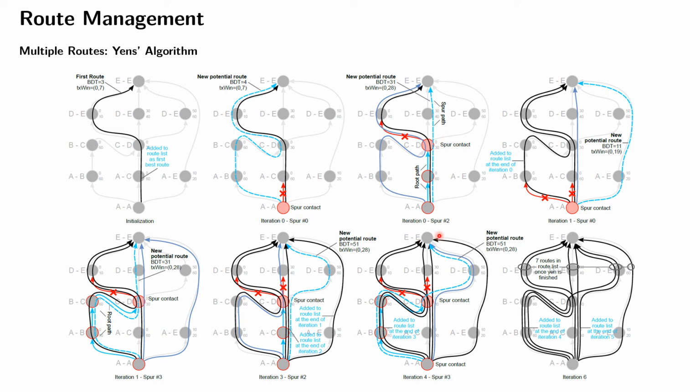Then from those two potential routes, one becomes part of the main list. Therefore, at iteration 1, we already have two main routes to choose among. As iterations continue, on each iteration I discover one new best route for that list. At the end, at iteration 6, I terminate Yen's algorithm over this example with 1, 2, 3, 4, 5, 6, 7 potential routes to use from node A to node E.